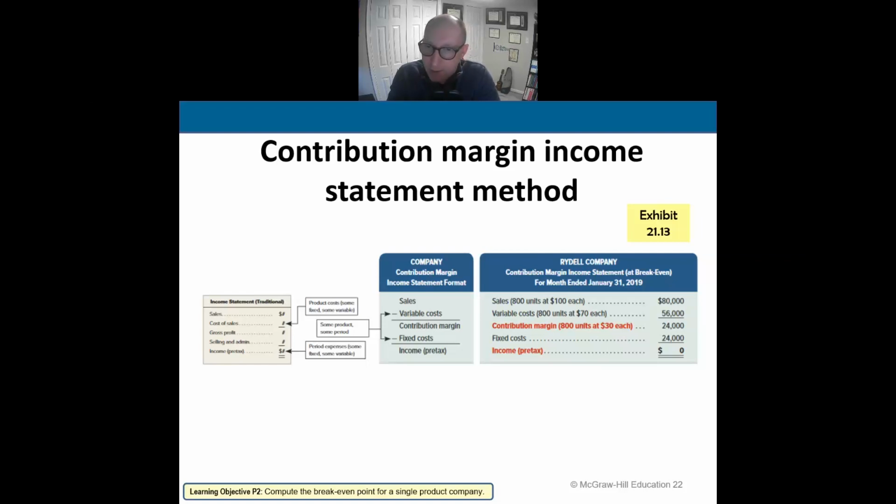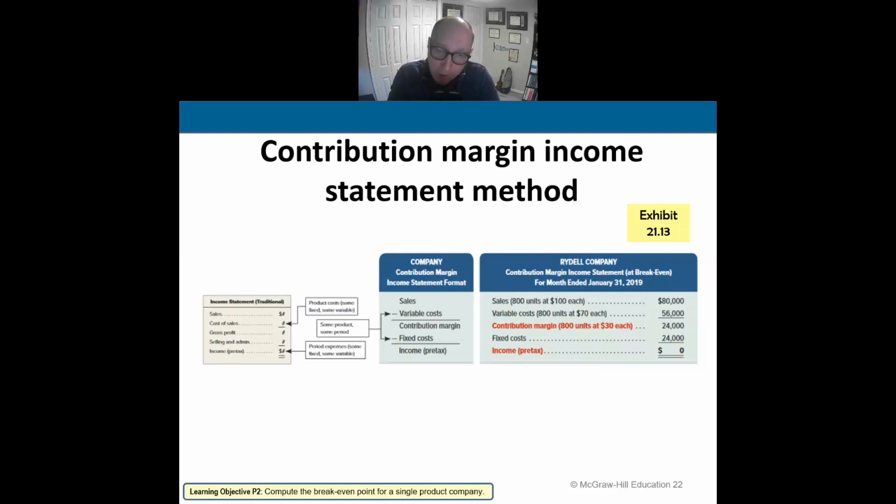Sales minus variable costs equals contribution margin. Contribution margin, 24,000. How do we know 24,000? We sold 800 units at $30 contribution margin per unit. 100 minus 70 is 30. 24,000 contribution margin.